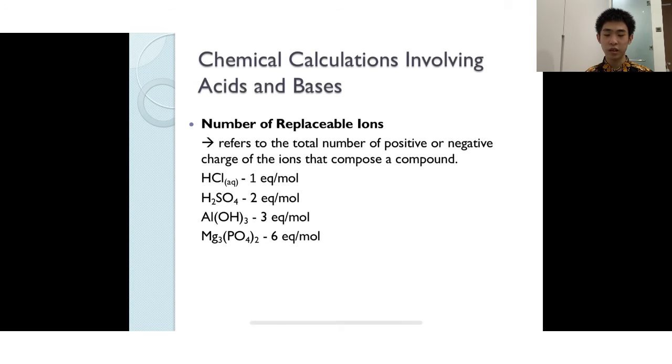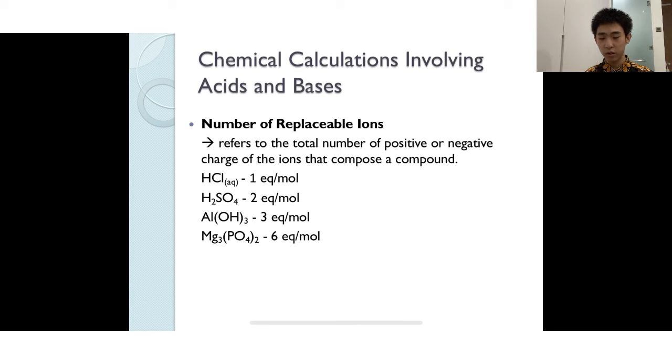Aluminium hydroxide has 3 equivalents per mole because aluminium has a positive charge of 3 and the total negative charge is also 3 from the hydroxide ions.